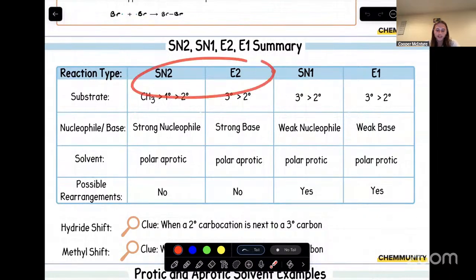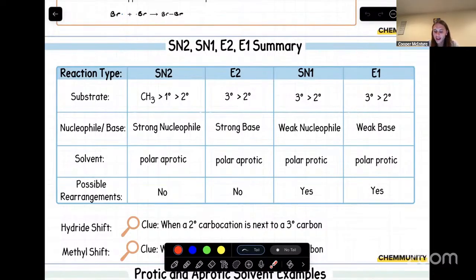And what's nice about SN2 and E2 reactions is they will not undergo any carbocation rearrangements. More specifically, because they don't form any carbocations, the main theme behind those is that they are concerted reactions. And if you forget what that means, a concerted reaction is a reaction that happens all in one step.